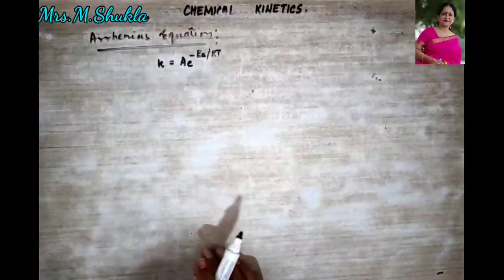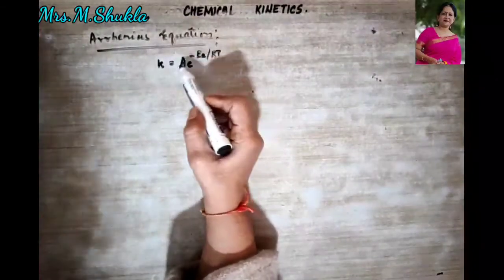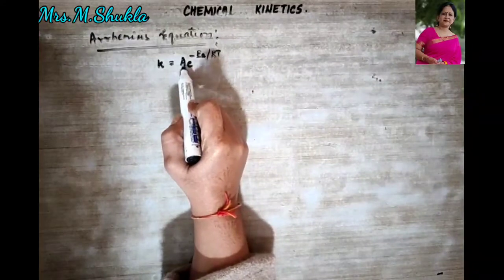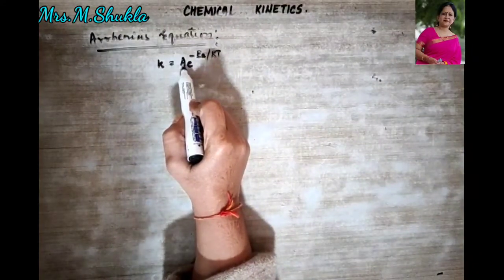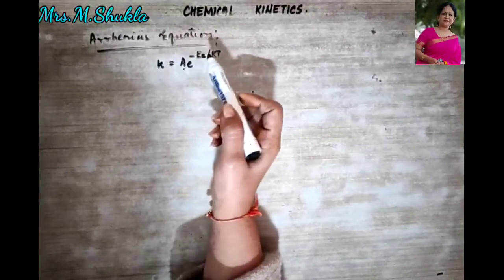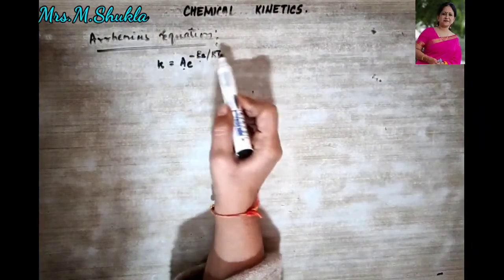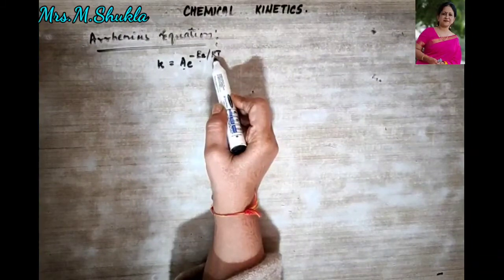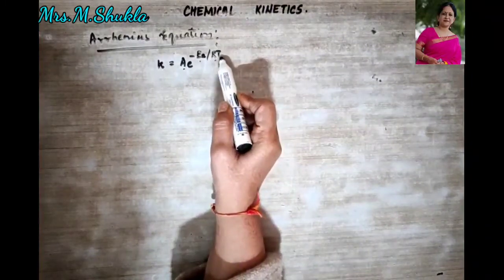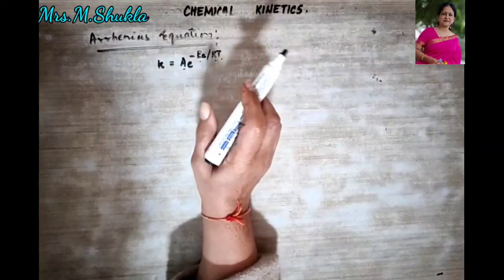As I told you, it is your rate constant. What is A? It is the Arrhenius or frequency factor, which is also termed the pre-exponential factor. Then EA, as you know, is the activation energy, R is the gas constant, and T is the temperature, which is always taken in Kelvin, right?